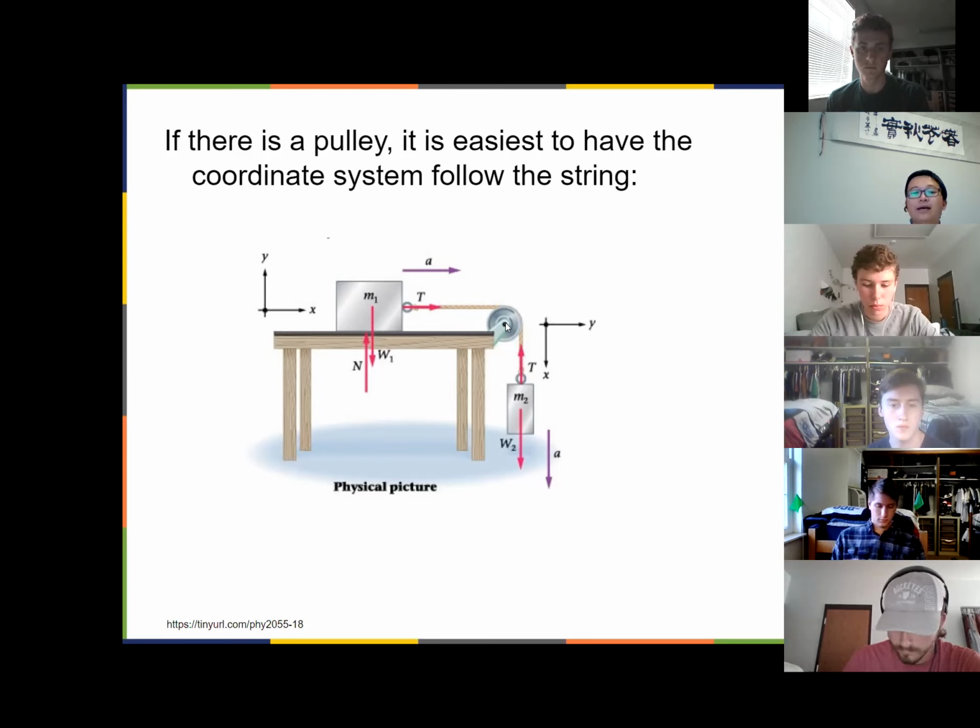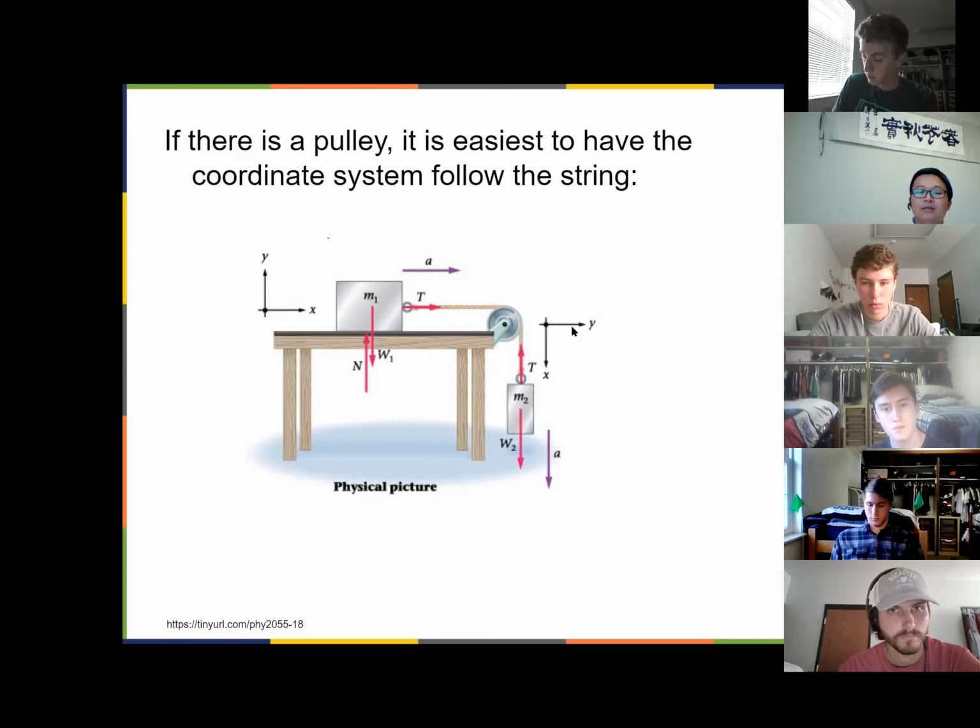So you can set up separate coordinates for the two objects here. For box one on the table, you can set X to be along the table surface and Y to be perpendicular to it. For box two, you can set X along the vertical direction going downward, and then Y in that direction. So you have a separate coordinate system for separate objects.